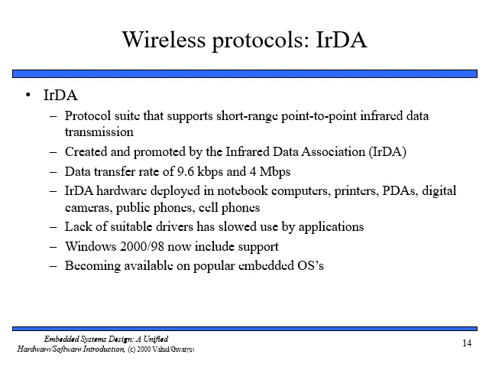It has a data transfer rate of 9.6 kilobits per second to 4 megabits per second. IrDA hardware is deployed in notebook computers, printers, PDAs, digital cameras, public phones, and cell phones. So it is the same infrared that is used in our cell phones.